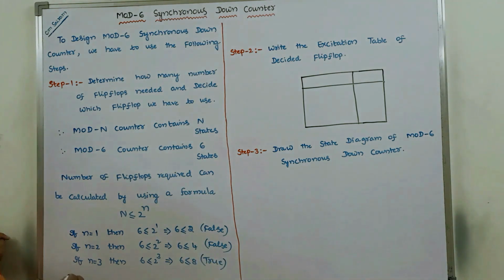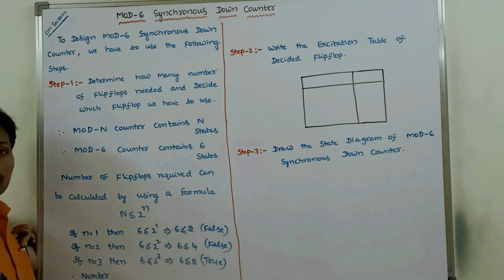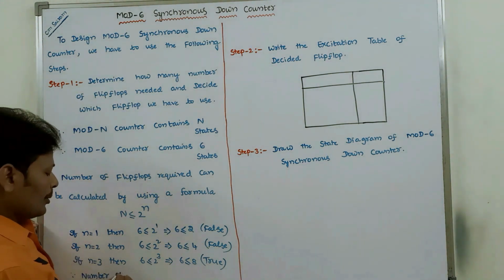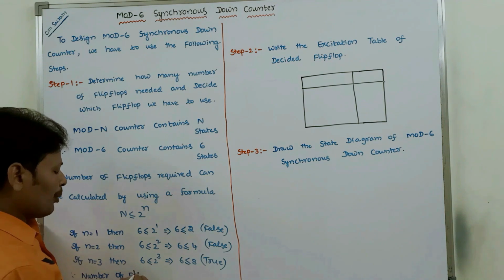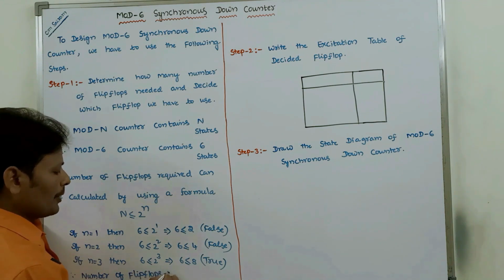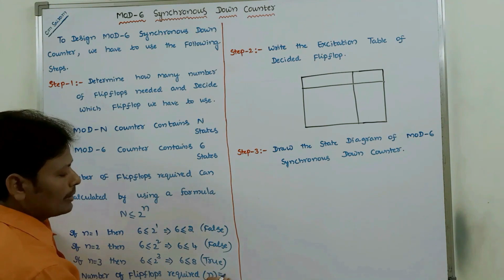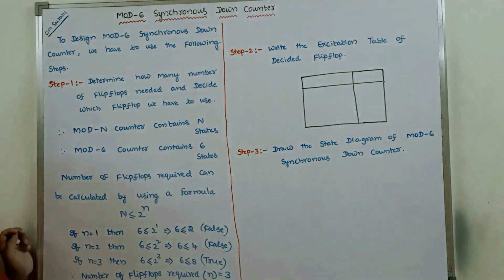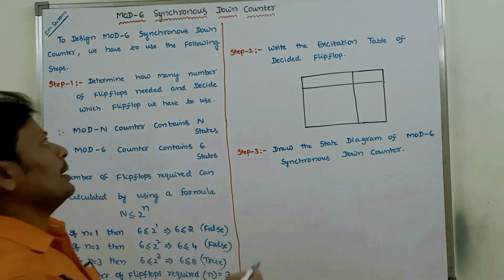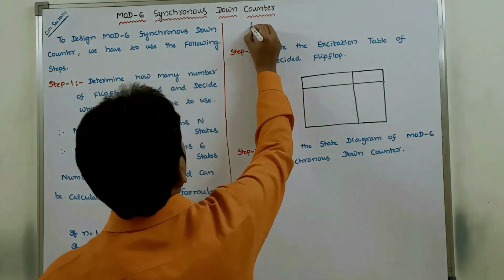So therefore, when the condition is true at n is equal to 3, the number of flip-flops required is small n, that is equal to 3. Next one is the maximum count value.